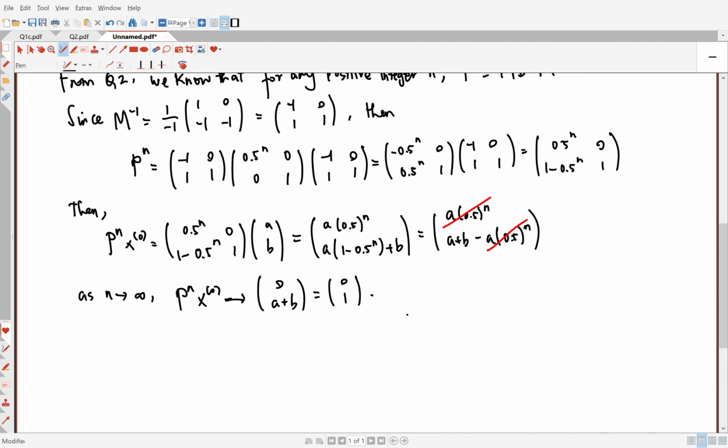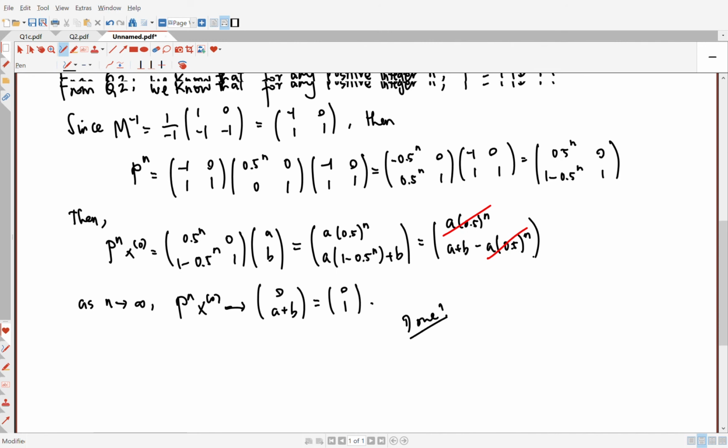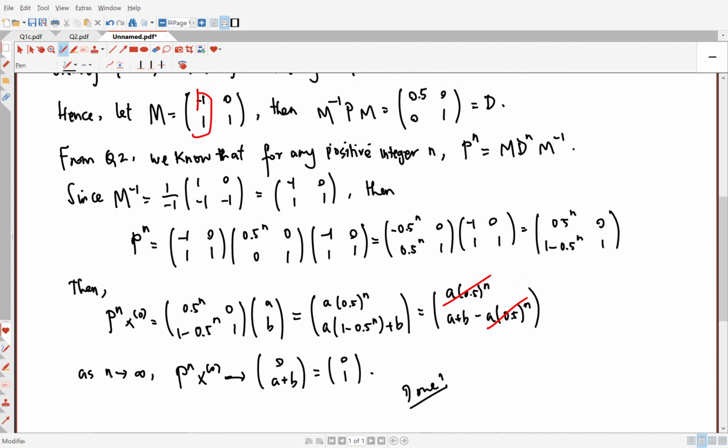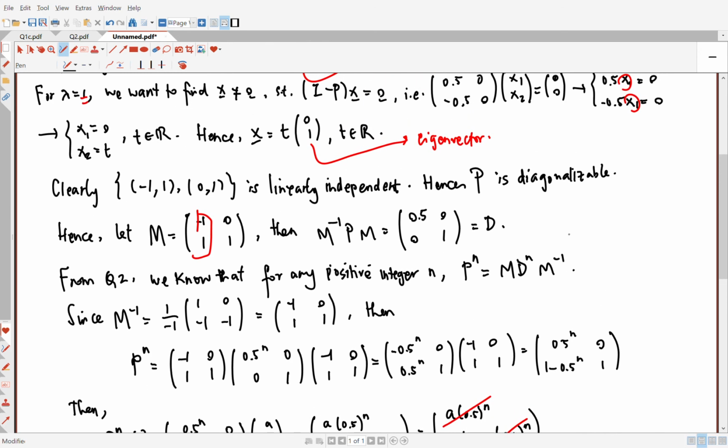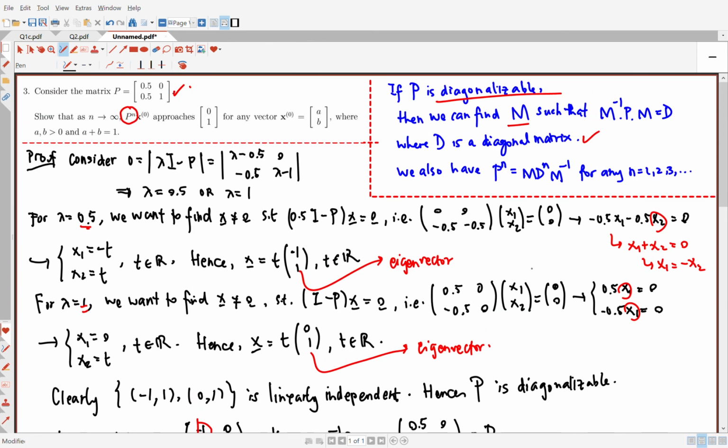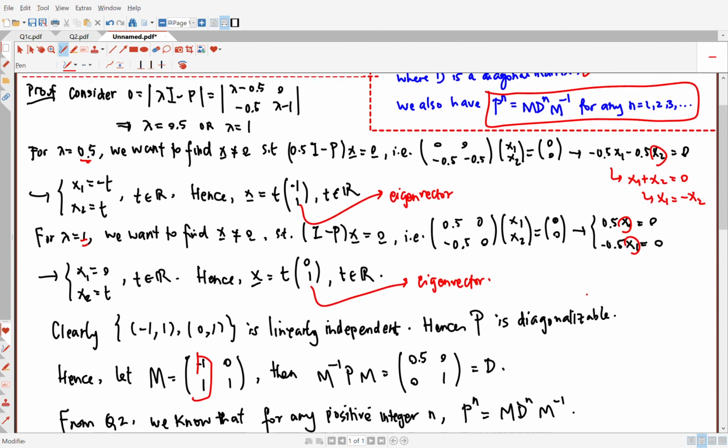Okay, done. Hope it is clear. It is quite long, but as long as you know this, if P is diagonalizable, then it shouldn't be too difficult. Okay, hope it is clear.